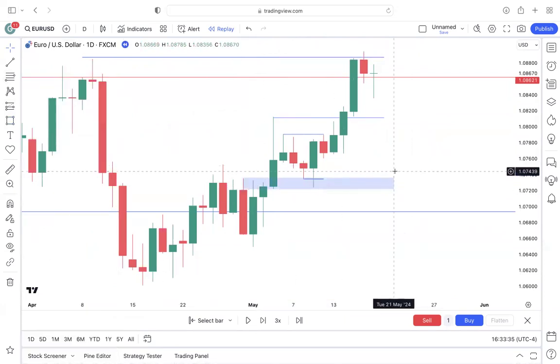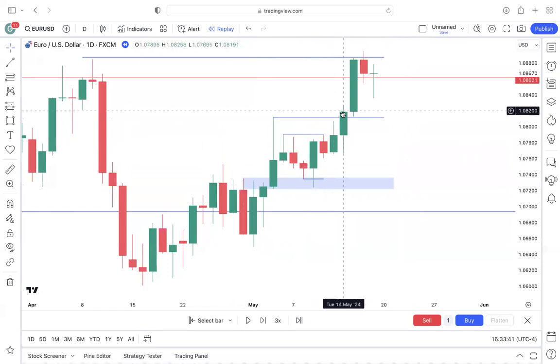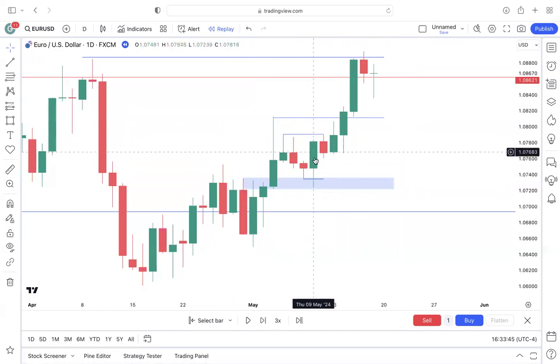There it is. Then they turtle soup the previous day. They slam down into the zone, and then they impulse higher. When this daily candle closes, the next candle opens. What do they do? They trade down first to rebalance the bullish candle, and then they displace higher.